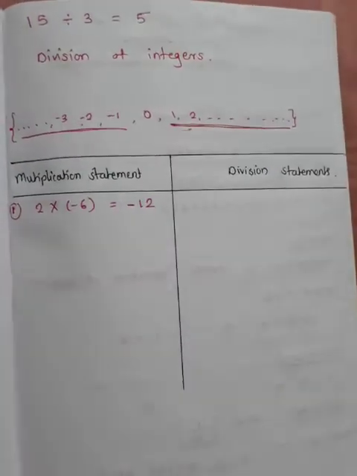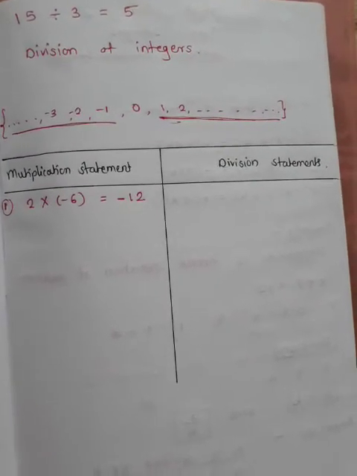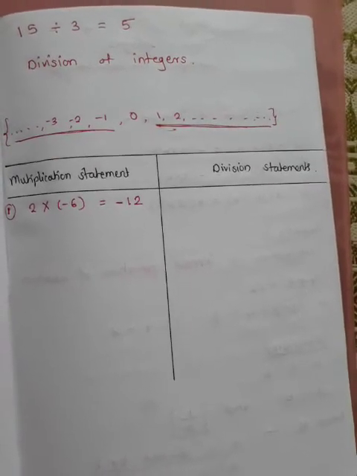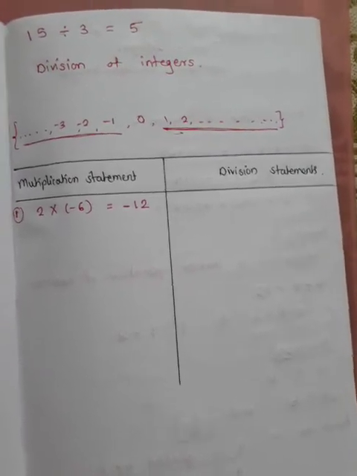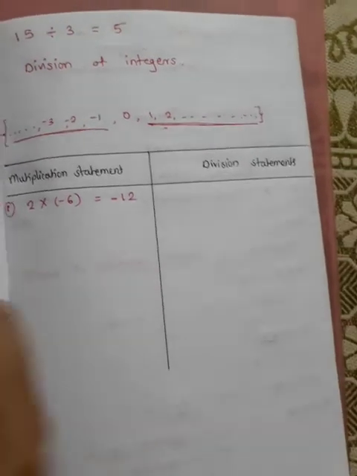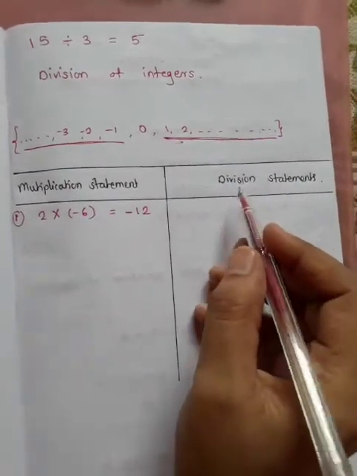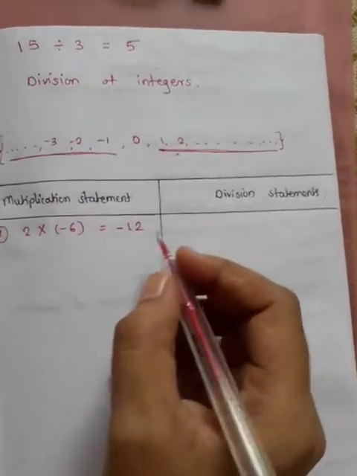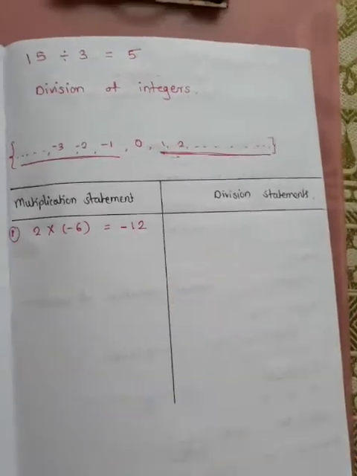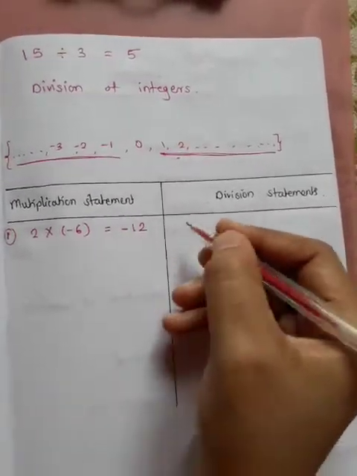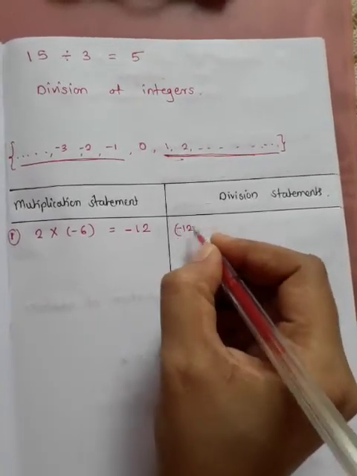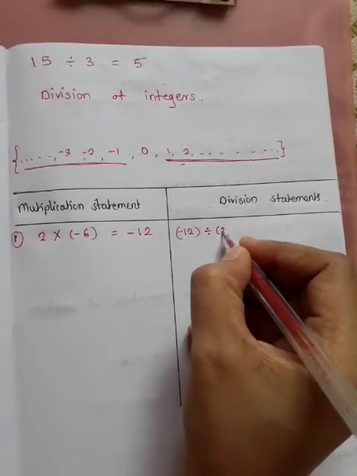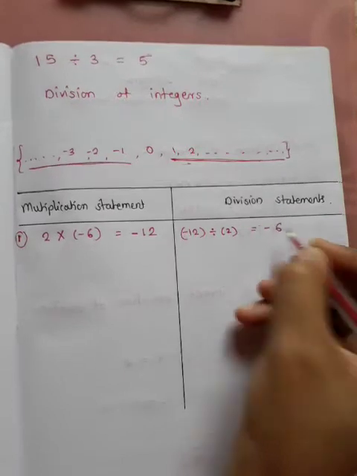As I said before, subtraction is the inverse operation of addition, so this property is related to addition and subtraction. We also have a property related to multiplication and division. We can say that division is the inverse operation of multiplication. So we can write minus 12 divided by 2 is equal to minus 6.